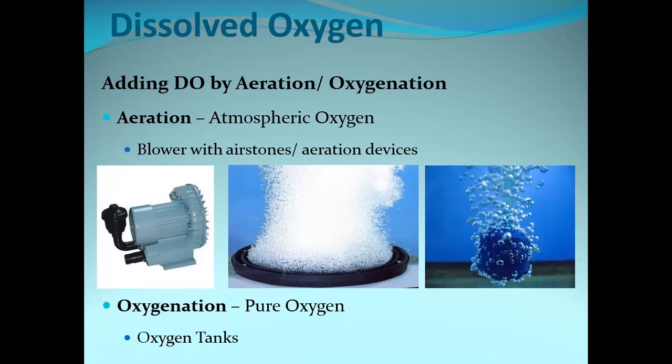Always increase the dissolved oxygen by adding aeration or oxygenation into your system. Aeration is using atmospheric oxygen. You use things like air blowers, air pumps, air stones, and stuff like that to increase bubbles and air within your system. Oxygenation is adding pure oxygen using oxygen tanks, and both are a means of adding oxygen within your system.